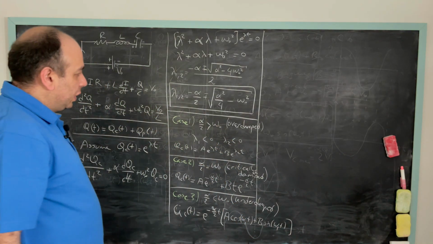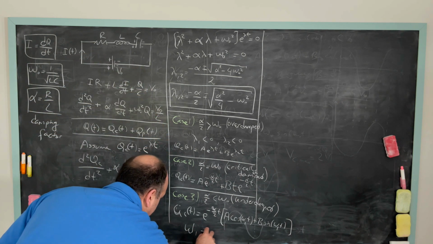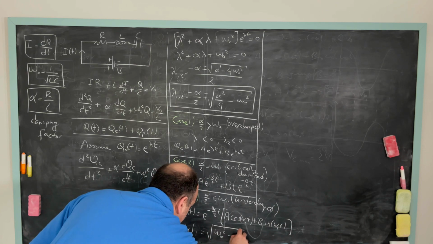So what is omega 1? Omega 1 is defined as the square root of omega naught squared minus alpha squared over 4.